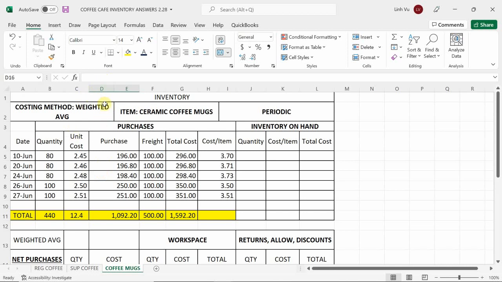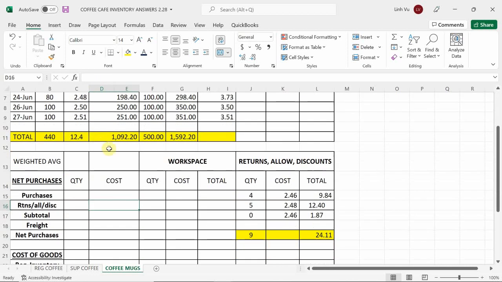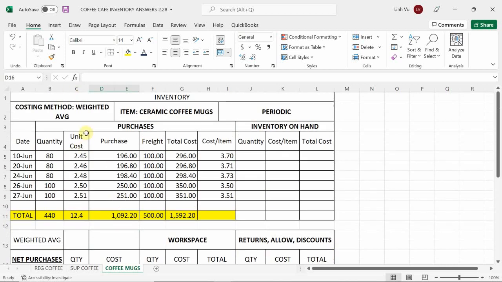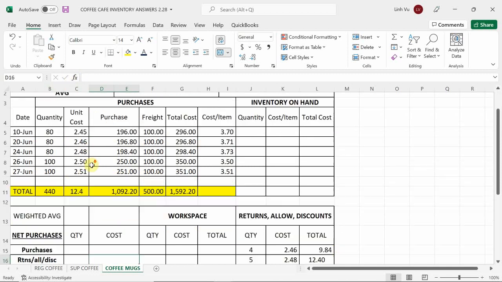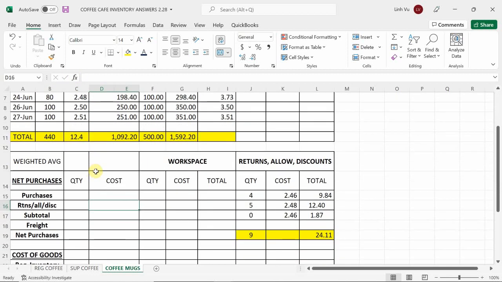We are using weighted average, meaning we don't care which batch came first and we don't care which batch came last. We just care about calculating our total goods available and our total cost. That's what we need to solve for. Then we need to figure out what the average cost is, and then we can solve for our total cost of goods sold.